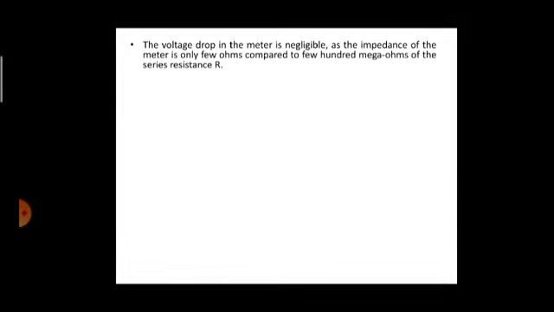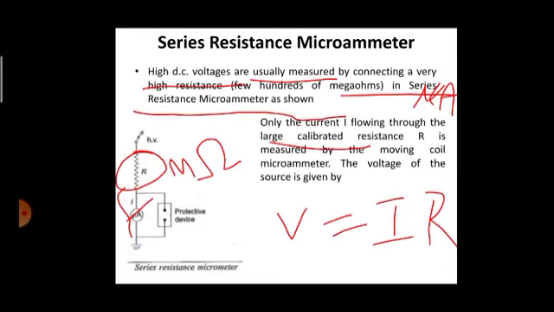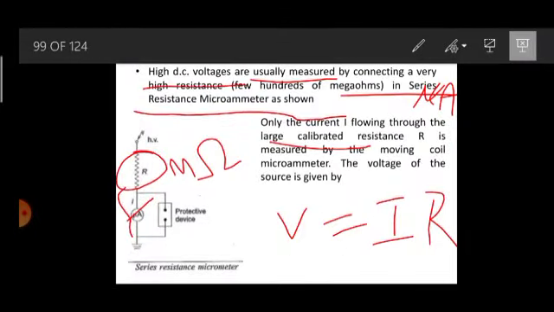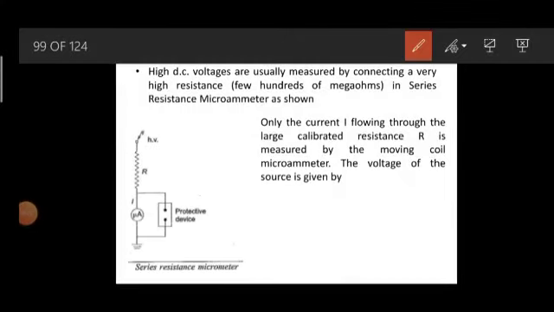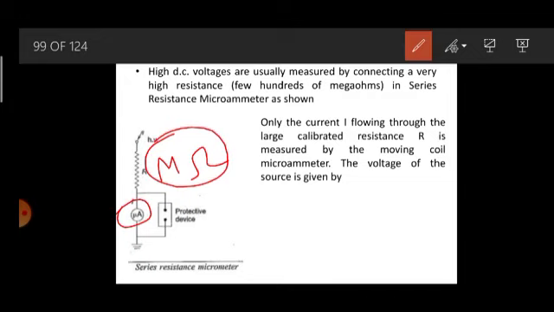Here the voltage drop in the micrometer is negligible, as the impedance of the meter is only a few ohms compared to a few hundred mega ohms of the series resistance R. We have connected a mega ohm resistance in series with the micrometer, and since the meter's resistance is very small, the voltage drop in it is neglected compared to the mega ohms.